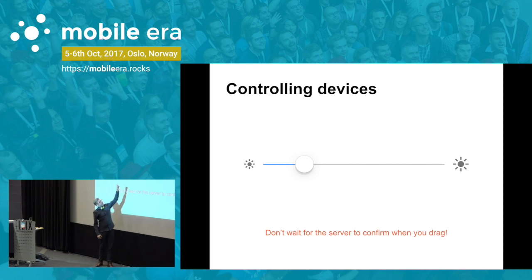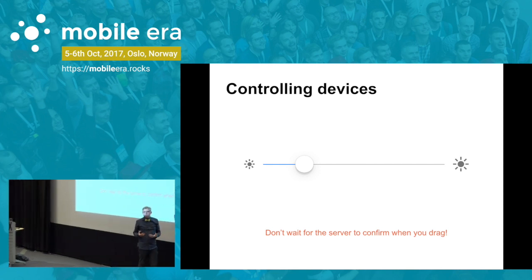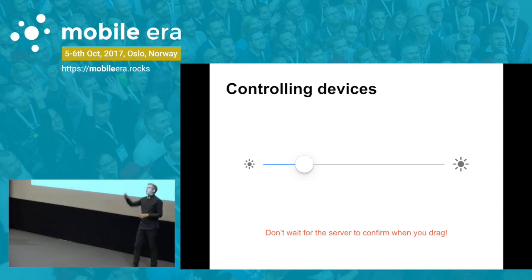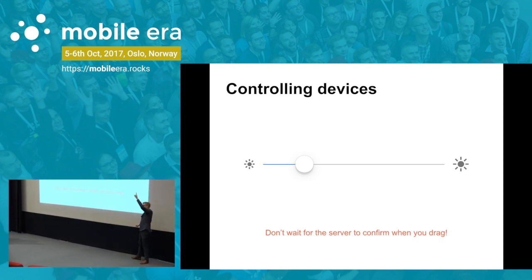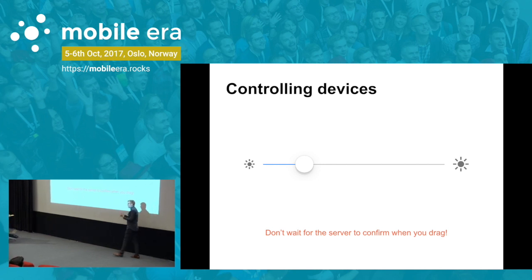I want to actually drag the slider all the way there, and it shouldn't lag or wait for confirmation from the actual module on the light to be updated. So you have to make a best guess and say, okay, we just drag it in real time, it goes over there, and maybe we show some kind of spinner or something, or maybe we don't.